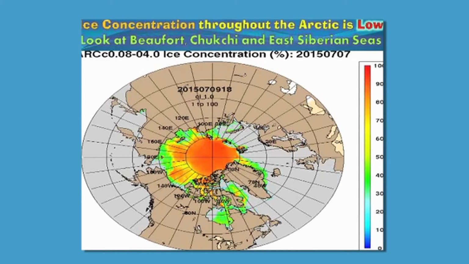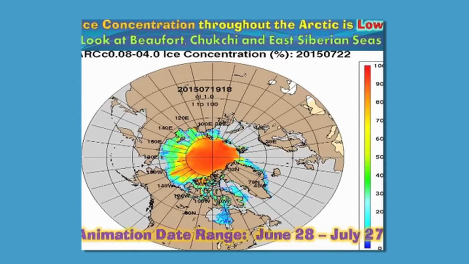So this is the ice concentration animation, and you can see that the ice concentration is literally dwindling. This is a 1-month animation between June 28th and July 27th, and you can see that the Arctic ice is being impacted all around. I mean, it's being attacked from all sides, and the Arctic ice concentration is getting lighter and lighter and lighter.